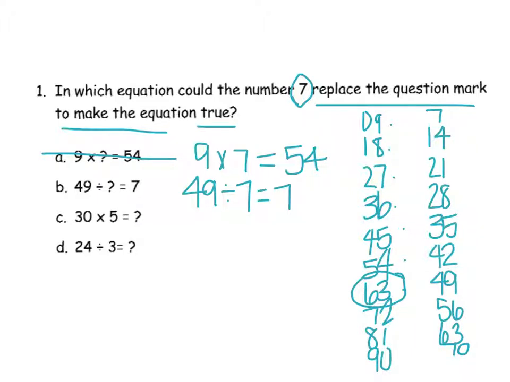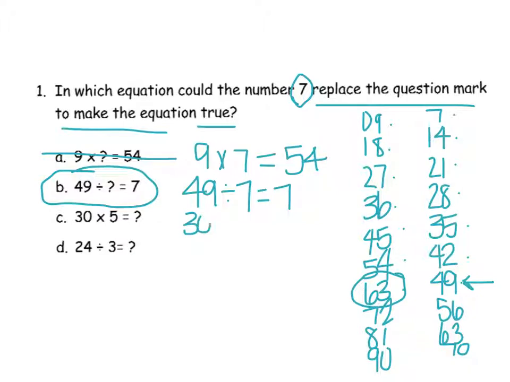So let's count, see where 49 is, and let's see how long it takes us to count by 7 and get to 49. 1, 2, 3, 4, 5, 6, 7. That took me 7 times. So that is a true statement. But let's take a look at the others.